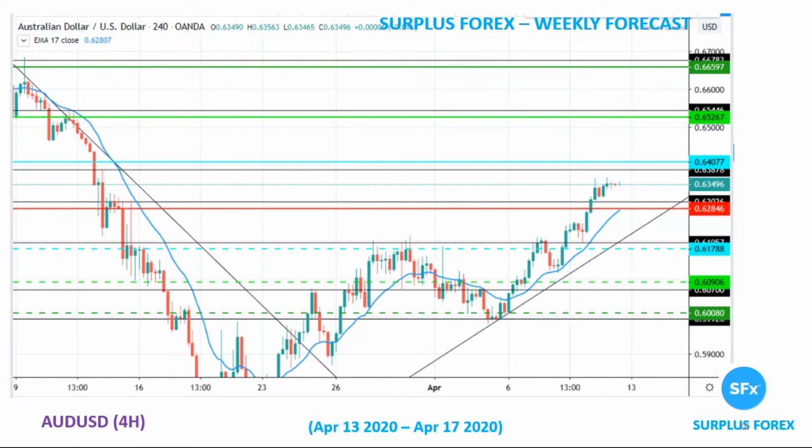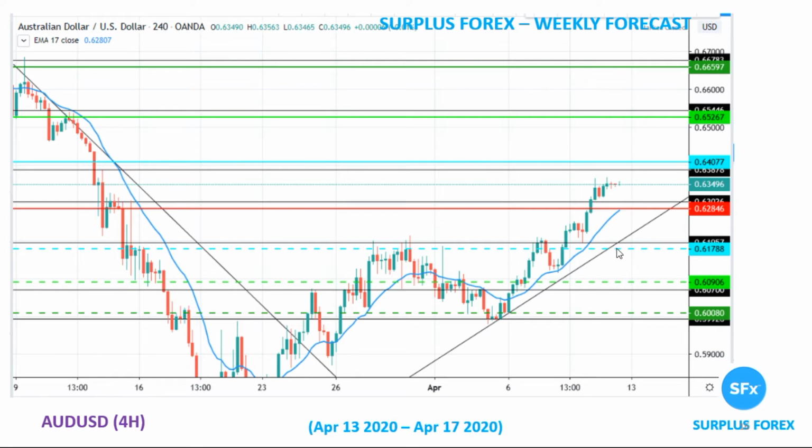On a 4-hour chart, as I said, I'm mixed bias with the USD index here. So for the Aussie dollar, I believe that it'll rise further from here, and if it crosses 63.85, then I'll make my first entry at 64.07, keeping the target at 65.26 and second target at 66.59.